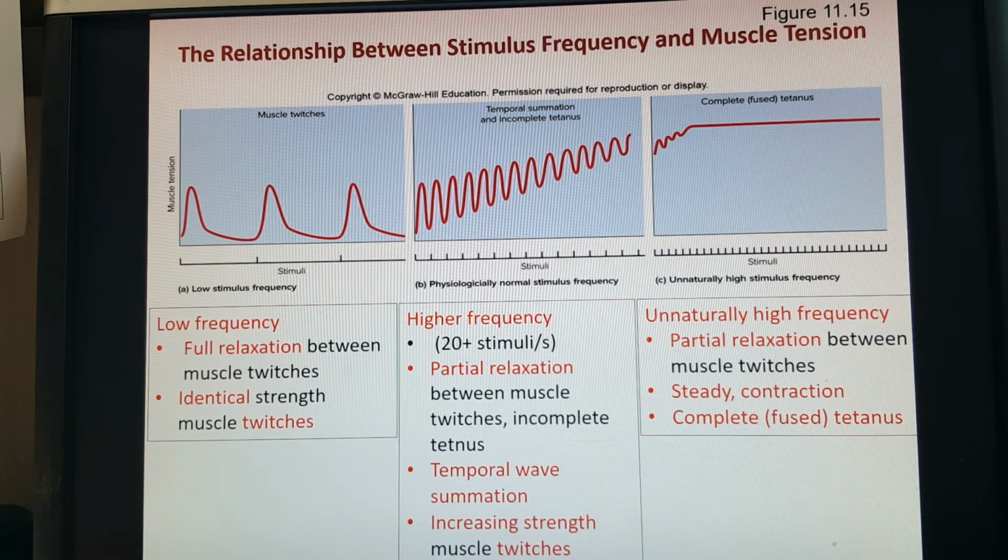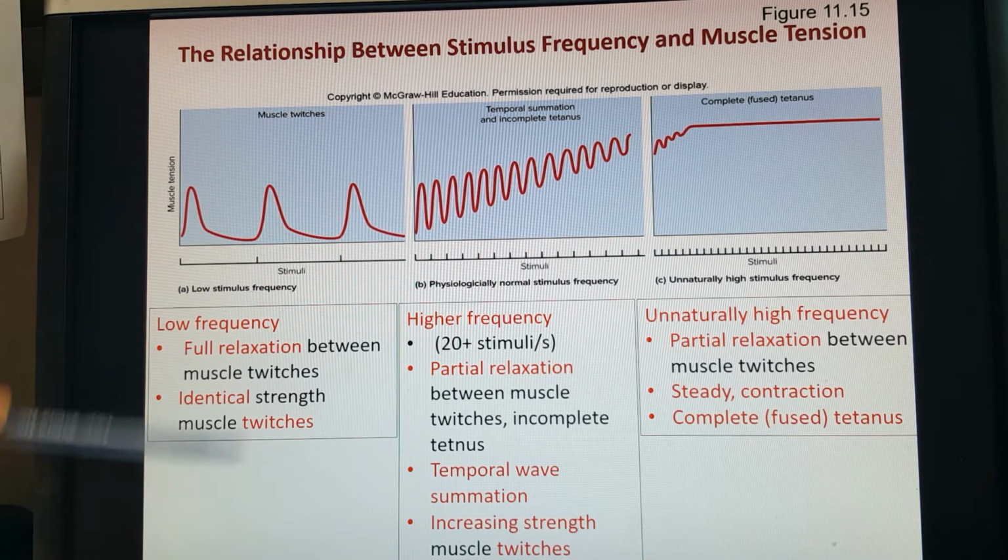This next part looks at the timing between the stimuli. All of the stimuli in this section are the same strength. Here we have 3 different timing levels, or frequencies.